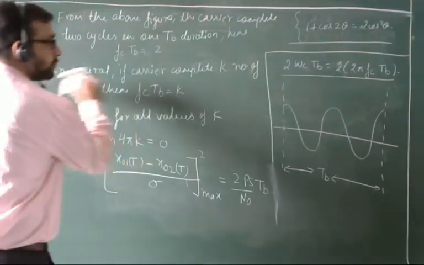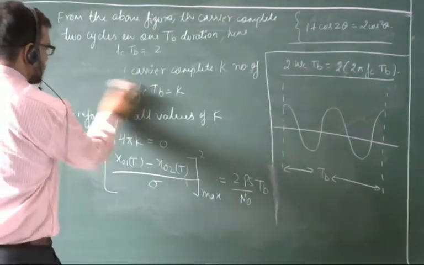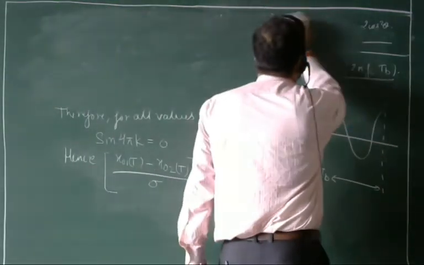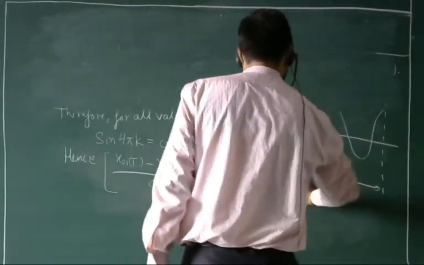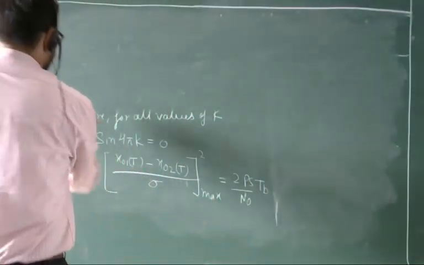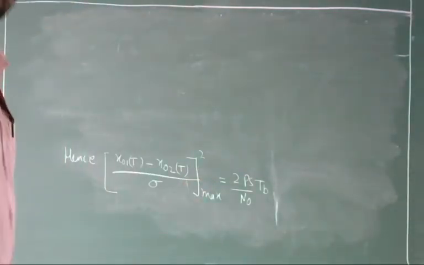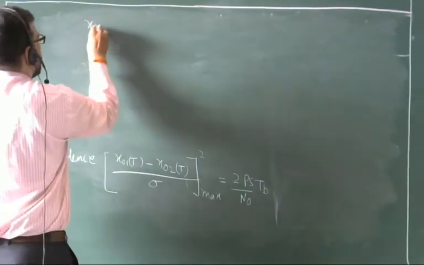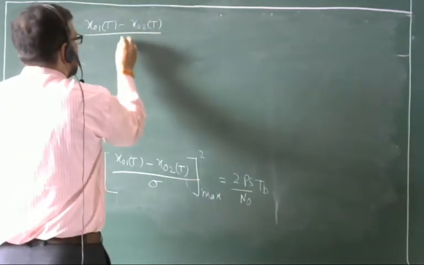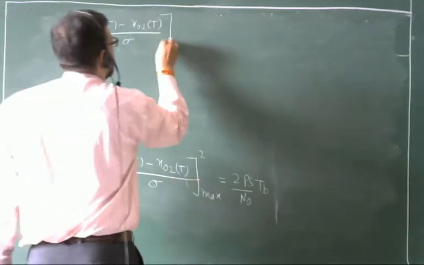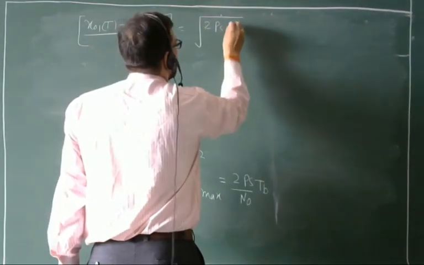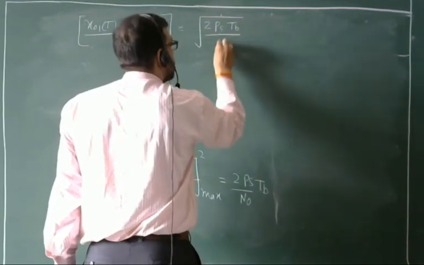After that, now this equation becomes x1(t) minus x0(t) upon sigma is equal to under root 2 pi Tb upon N naught.